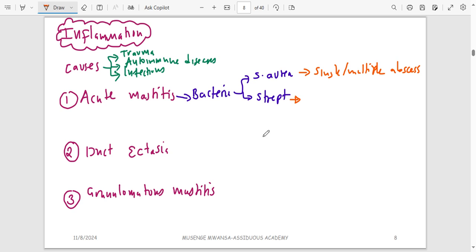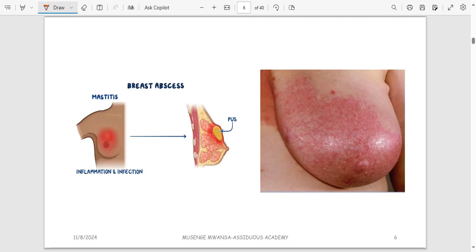But when it comes to strep, the infection is more generalized, like cellulitis, where the entire breast changes. We have a picture; you can see here, this is cellulitis. You can see the entire breast has changed.